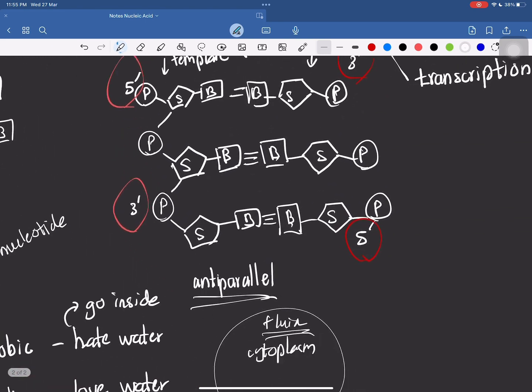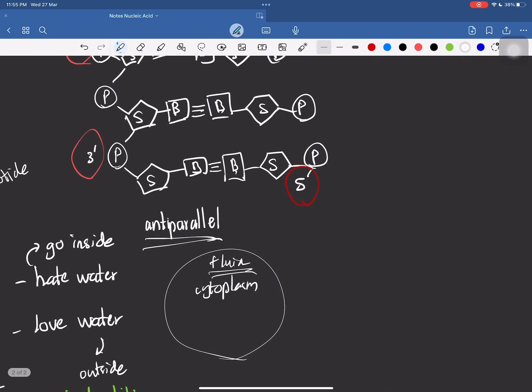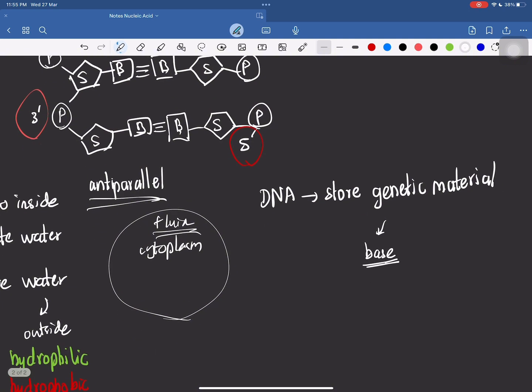Remember DNA is the one that stores the genetic material. So where do they store their genetic material? It is mainly in the base.